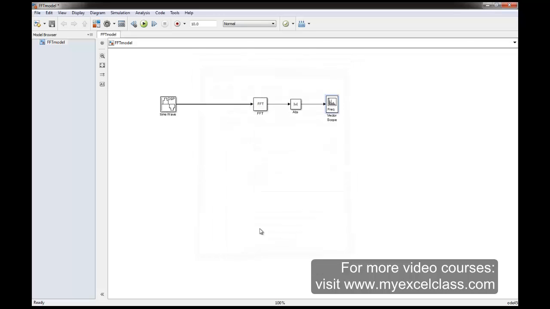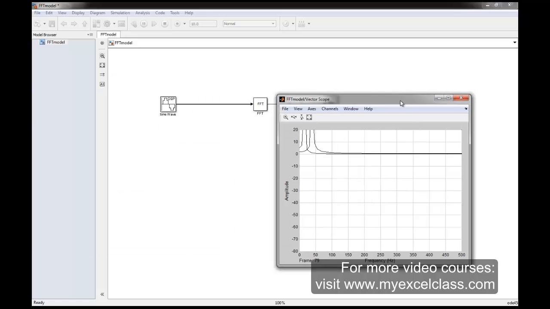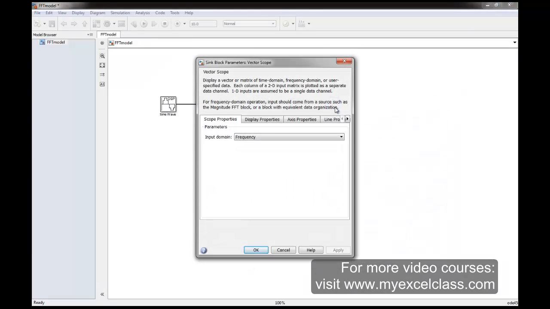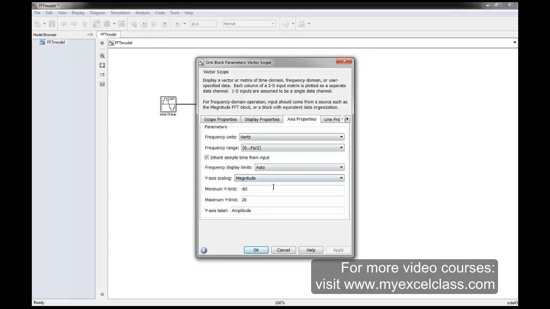Okay, oh, it does increase in the negative side. No, I wanted to increase in positive side, so minimum y limit can be minus 20, and this should be about 90.